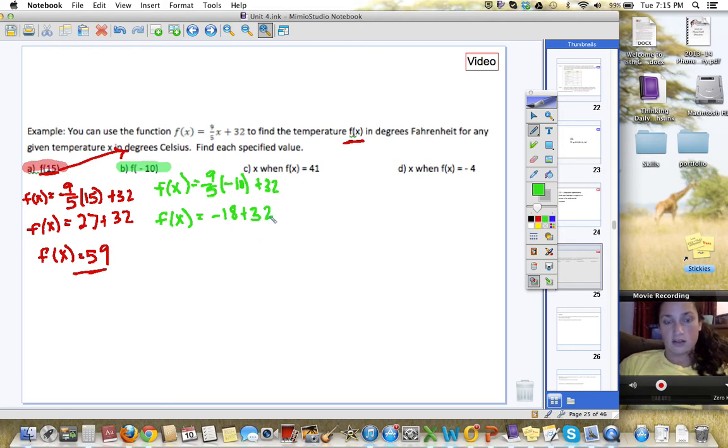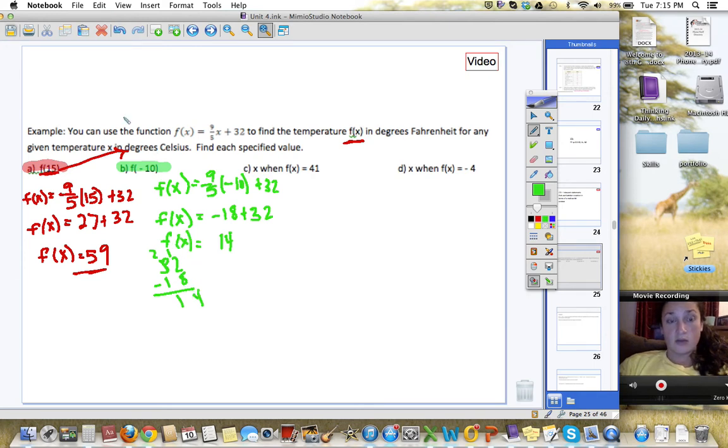So now this is where they're different signs, so I'm going to subtract. So I would do 32 minus 18, and I get 14. My bigger number is positive, so this should stay positive.